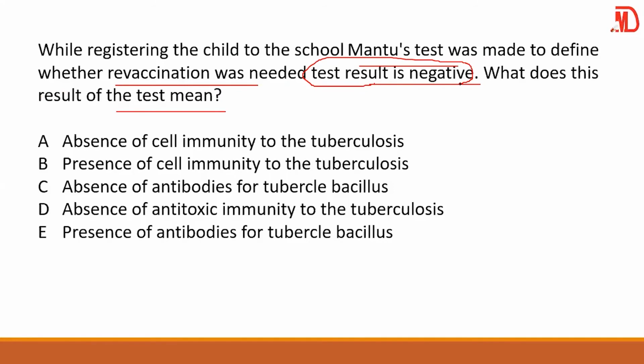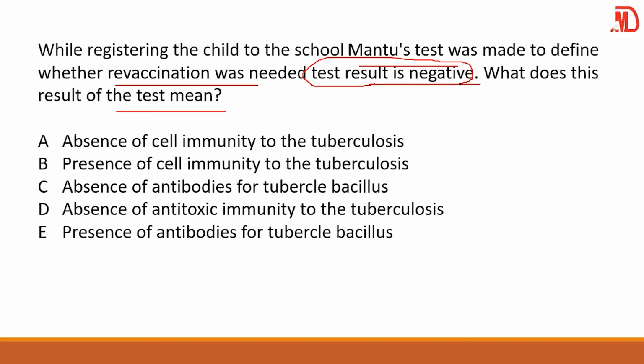Again, the Mantoux test is a type 4 hypersensitivity reaction, and type 4 involves cell mediation. It deals with cell-mediated immunity, with T lymphocytes, as I've told you countless times.